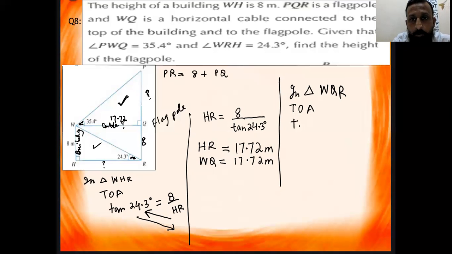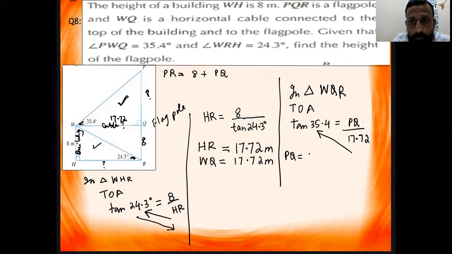Tangent of this acute angle given to me as 35.4 equals opposite, that is PQ, upon 17.72. Cross multiplied there.